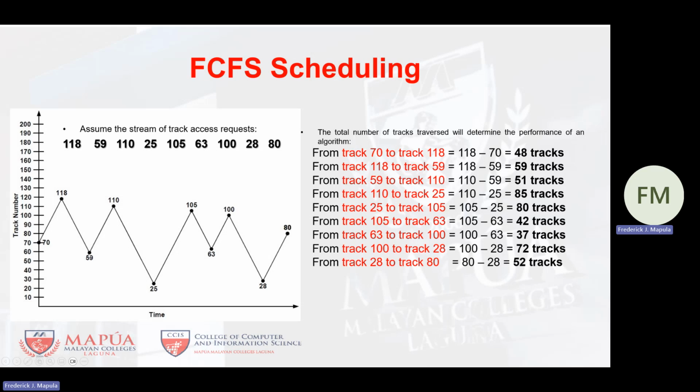Then from 59 to 110, and then 110 to 25. So you can see 110 minus 59 is equal to 51, while 110 minus 25 is 85.